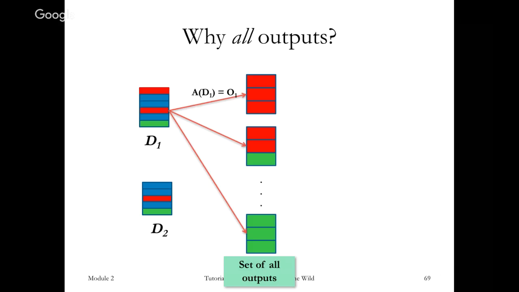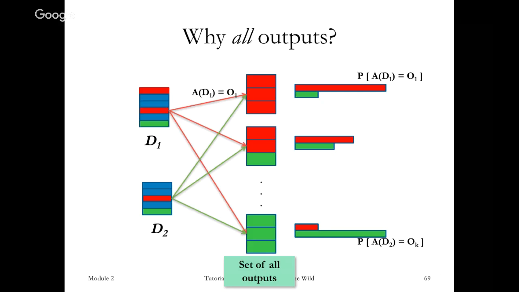So we can think of the set of all possible outputs, and then think about the probability that we would have generated that output given that the input was D1. Suppose the distribution looks something like this, so that red output is more likely when the input is D1. We could consider the probability distribution when the input is D2, and so we get a different probability distribution, those green bars over on the far right. Then what we want to do is compare these two probabilities for every single possible output.